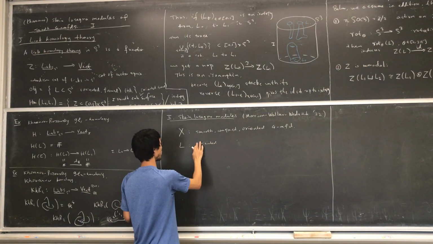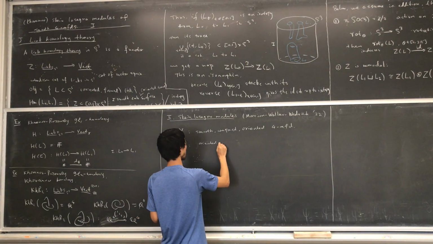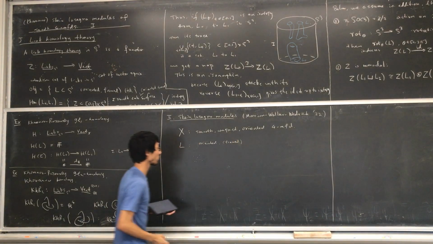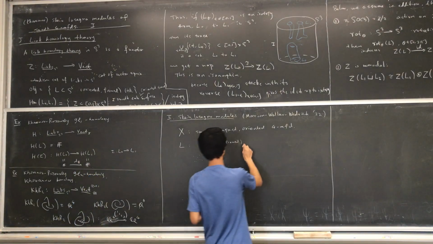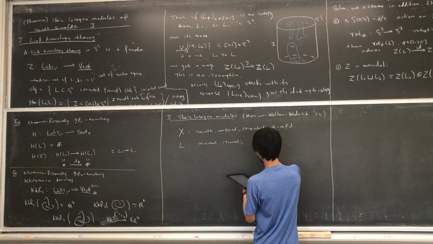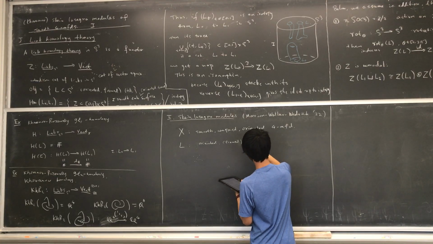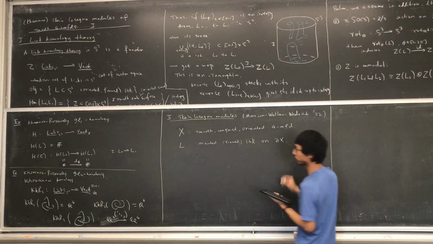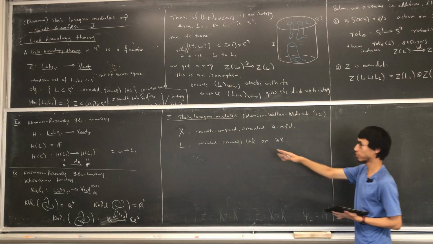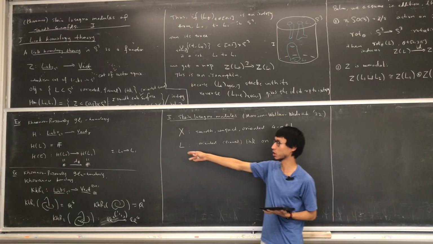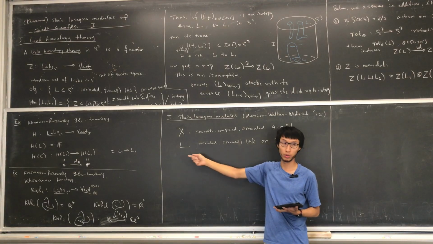I think I will always want oriented here. According to your mood, you may want to add more adjectives like framed, etc. The link is on the boundary of the manifold X. So X may have boundary, or it may be closed. When it's closed, I just take the boundary link to be the empty link.